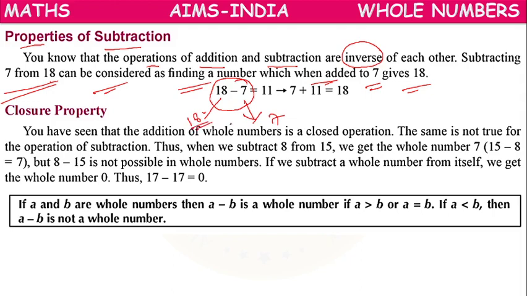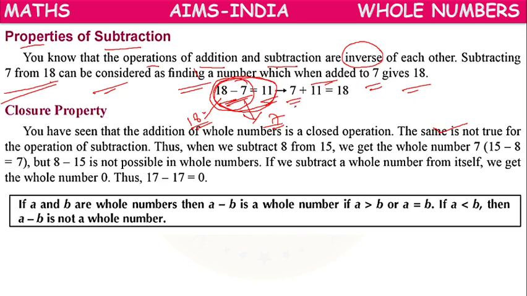This is the meaning of subtraction. But in another way, how can we represent it? If we subtract 7 from 18, we get the answer 11. This subtraction can also be written as an addition.